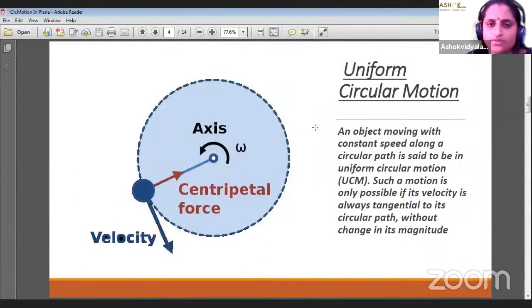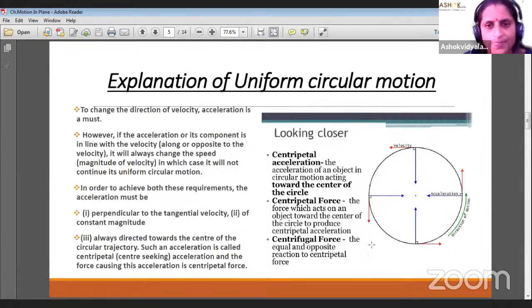Then uniform circular motion. The definition of uniform circular motion is constant speed along a circular path, which is possible only if the velocity is always tangential to the circular path without change in its magnitude. Next, the explanation for uniform circular motion.